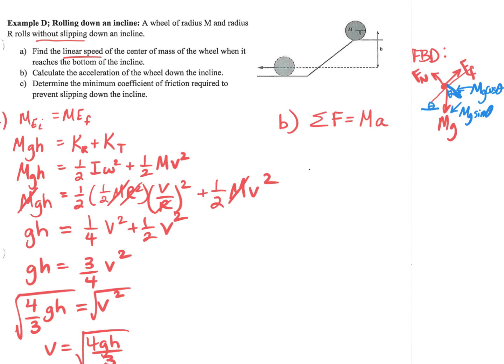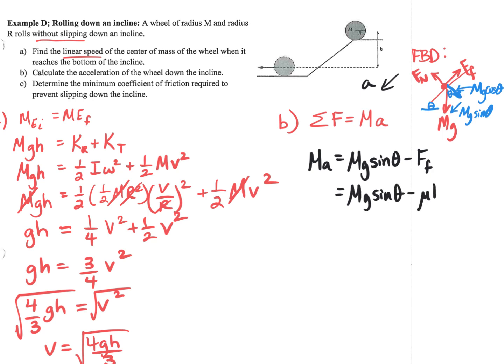Okay, so let's rewrite this. So we have ma equaling, and the acceleration is down the plane, so we have mg sine theta minus the force of friction. Well, we know that is mg sine theta minus mu times the normal force.